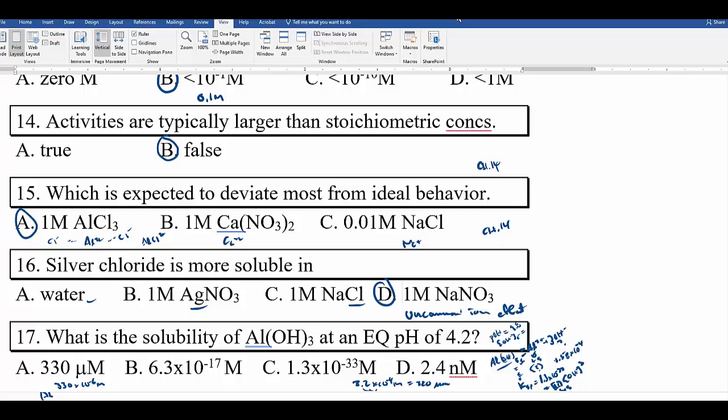Now I get 2.40 times 10 to the minus 30 molar. Well, 10 to the minus 30 is not nano, that's for sure. And it's none of these here. Did I screw up my calculation?